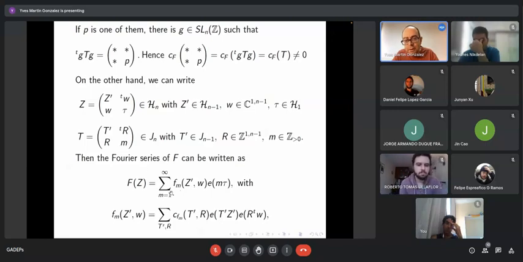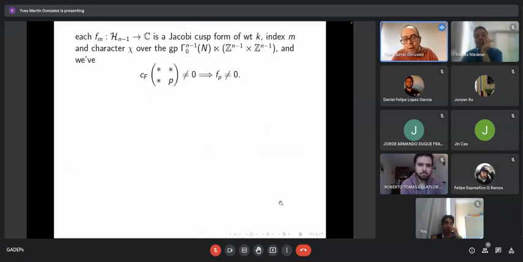But that Fourier coefficient is within the Jacobi form little f sub p. So that's why what you know from before implies that little f sub p is non-zero. So now the Fourier-Jacobi coefficient little f sub p is non-zero.